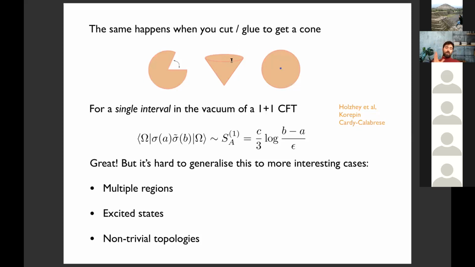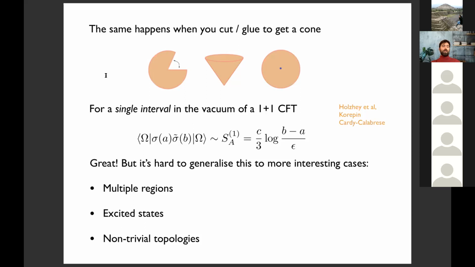That cone is smooth everywhere except at the tip. So you can pretend that the cone is a disk, but you have to pay the price of putting some specific operator there in the middle that remembers what the fields are actually doing over there. It remembers that you actually did a cutting and gluing operation. So these are these twist fields.